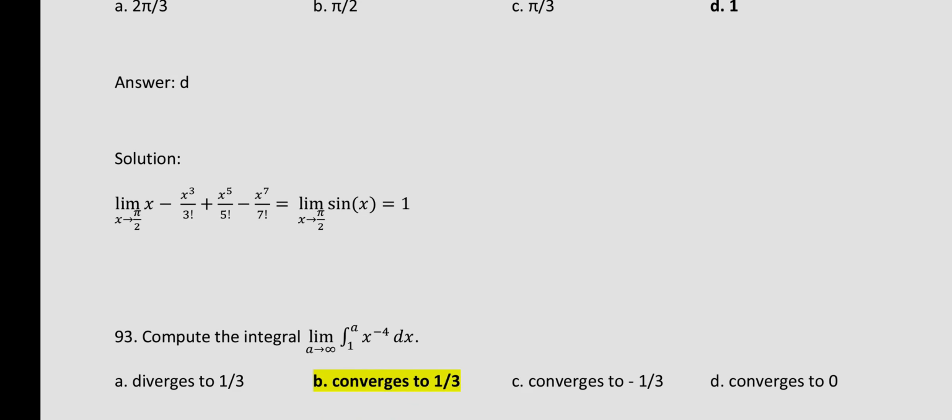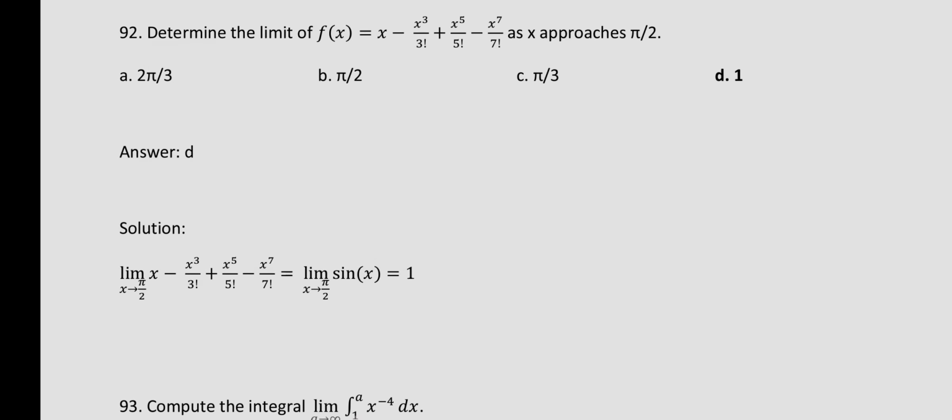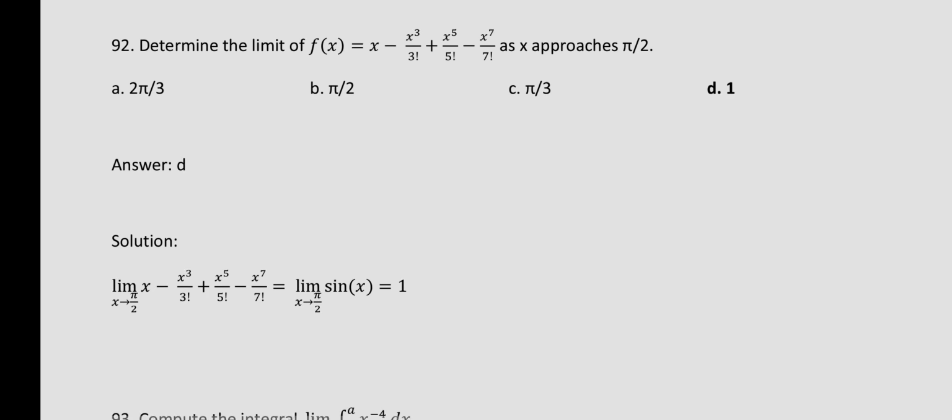Solution: the limit as x approaches pi over 2 of x minus x cubed over 3 factorial plus x raised to 5 over 5 factorial minus x raised to 7 over 7 factorial. The limit as x approaches pi over 2 of sin x equals 1.